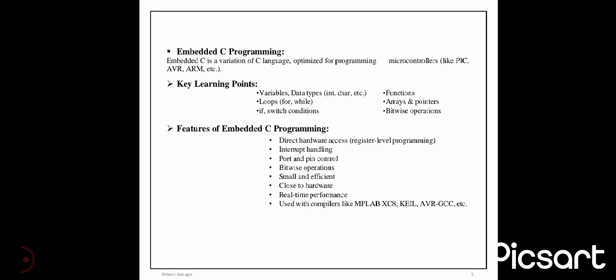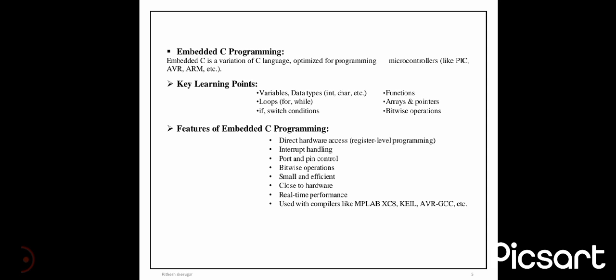Let's see why the embedded C program is much used in embedded systems. Features of the embedded C program. Direct hardware access. It will access hardware directly.